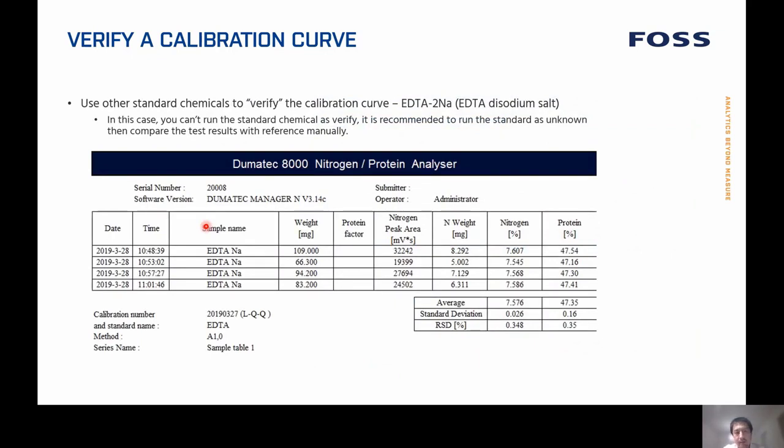But in that case, we don't recommend you use the standard chemical in the sample table, but you run it as unknown. Then you can compare the result of the nitrogen content you get from the system with the theoretical nitrogen value. And usually we say the system should have a recovery between 90.5 to 100.5%.